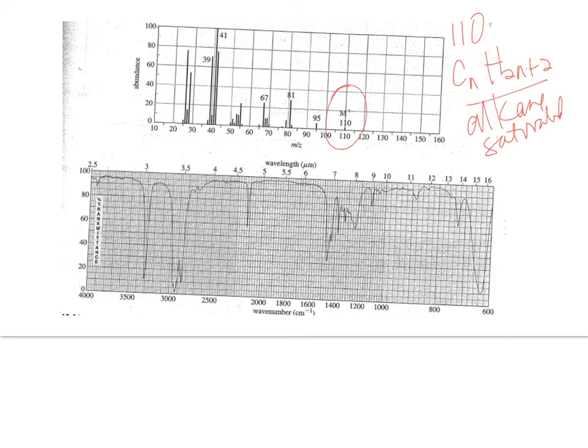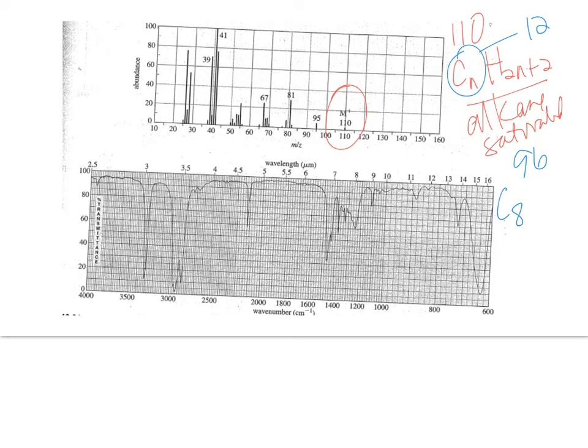So the mass of carbon is like 12. If you take 110 divided by 12, you get about 9, so that's about 8 carbons.